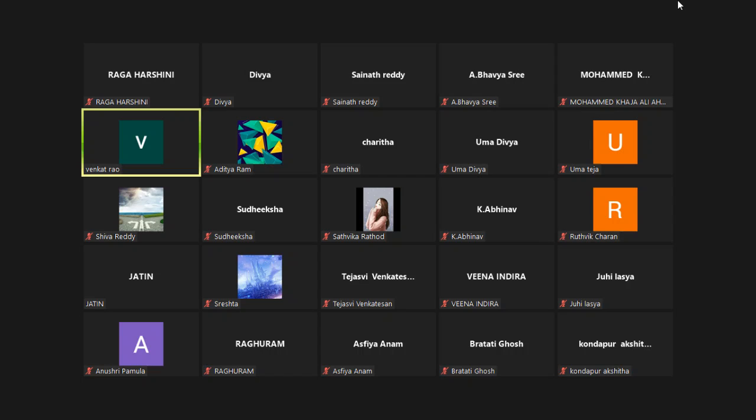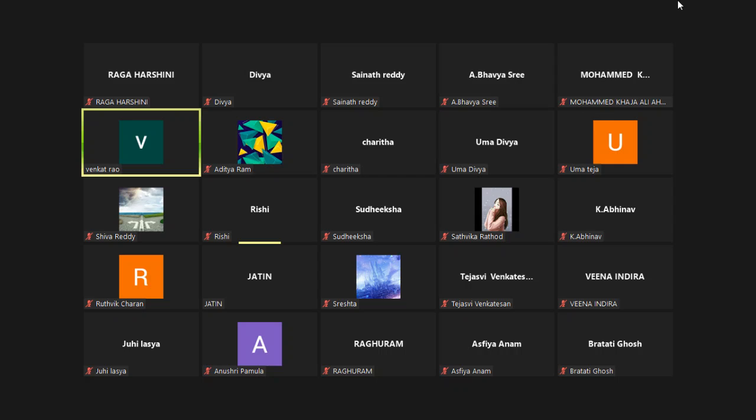And this thermometer's range is from minus 272 degrees Celsius to plus 1200 degrees Celsius.